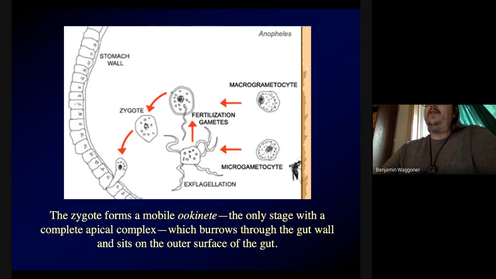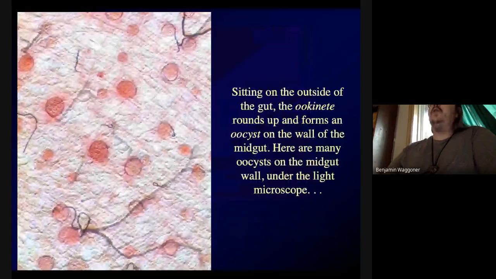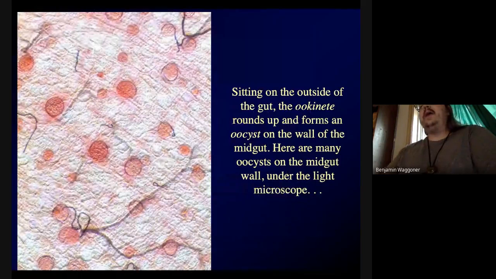This is the only stage with a complete apical complex, and this burrows through the gut wall and will sit there on the outer surface of the gut. And this happens within a day. So here someone has dissected out a mosquito gut and stained it with the light microscope.